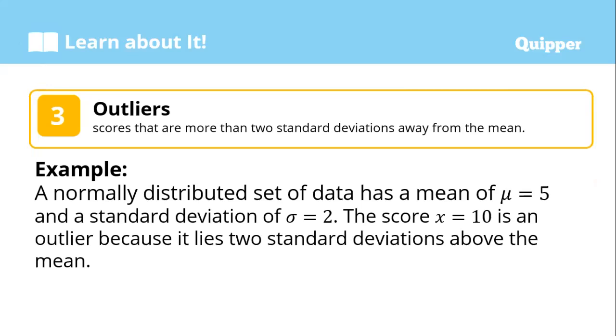For example, a normally distributed set of data has a mean of 5 and a standard deviation of 2. The score is 10. Is it an outlier? Yes, because it lies 2 standard deviations above the mean.